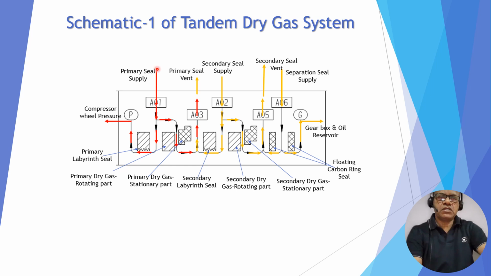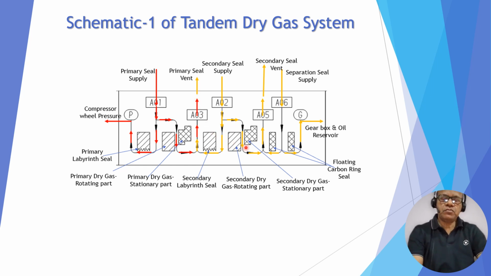So how does it work? The primary seal supply comes here, and most of the gas goes through the labyrinth to the compressor wheel pressure. This pressure should be more than the wheel pressure, and some leakage also occurs, which goes to the primary vent. This pressure is also greater than this. Then the secondary supply, high pressure nitrogen, is leaking. Most of the nitrogen leaks and goes to the primary vent.